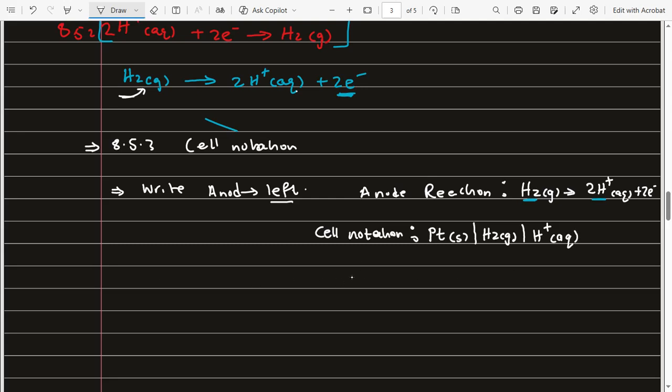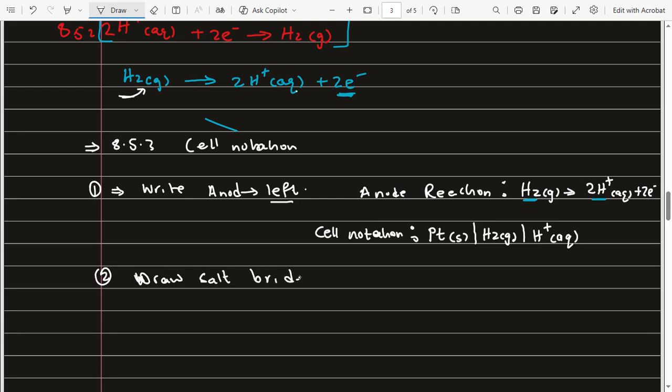Then, when you are done, you're going to draw a salt bridge. So this is step one: you write the anode on the left, starting with the anode reaction. Then, in step 2, you draw the salt bridge.